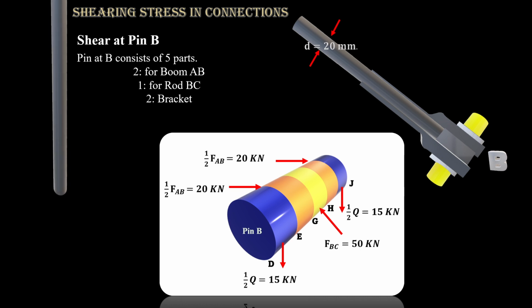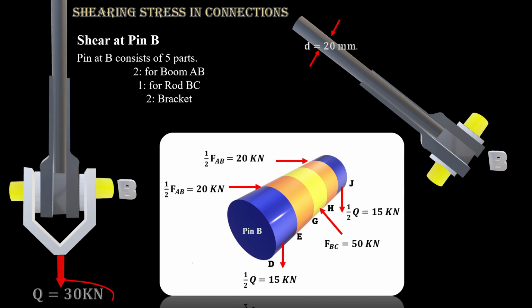So again, how did we get that? We consider the joint at B as a symmetrical part, then half of the 30 kilonewtons goes at each end, then half of the force of boom AB is distributed to each side, and FBC is also divided between G and H by an equal amount.